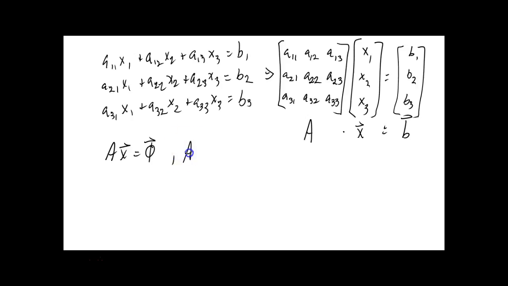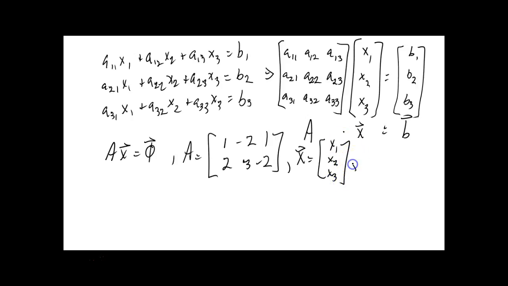Where A is this matrix, 1, negative 2, 1, and 2, 3, negative 2. All right. X is this vector. Maybe I should have done on a new page. X1, X2, X3.